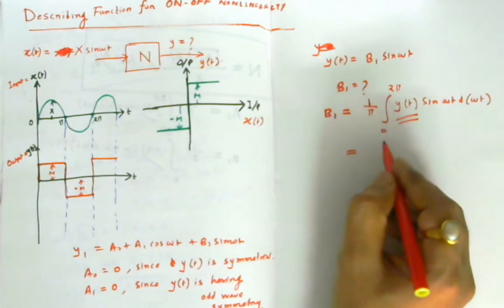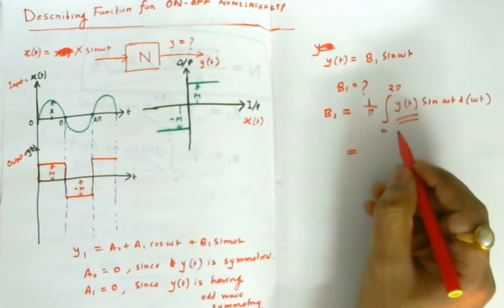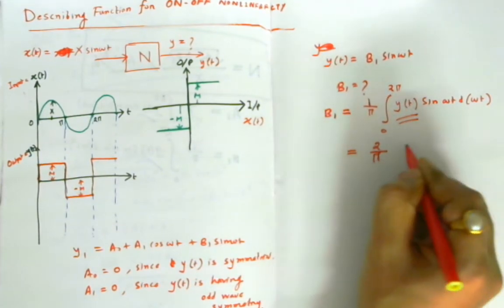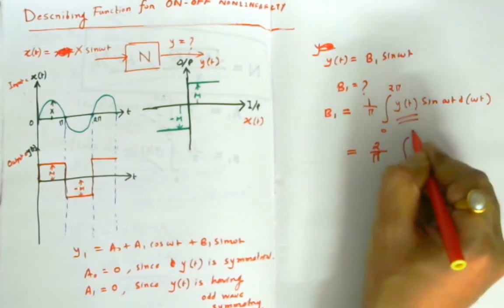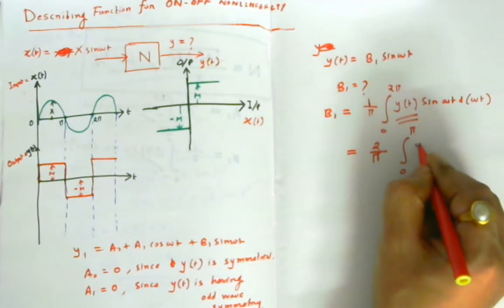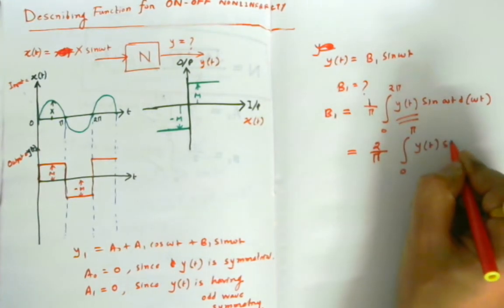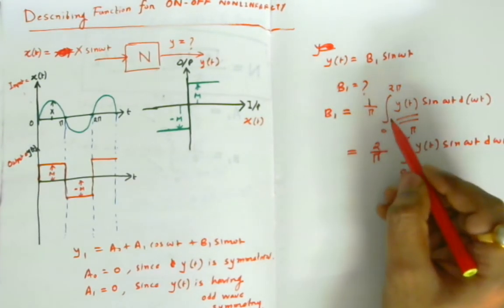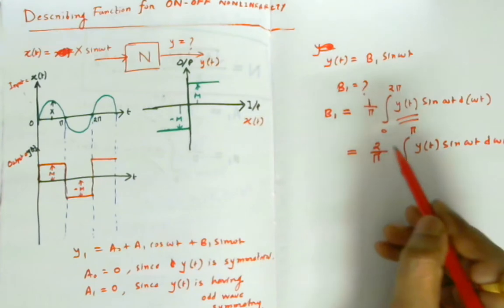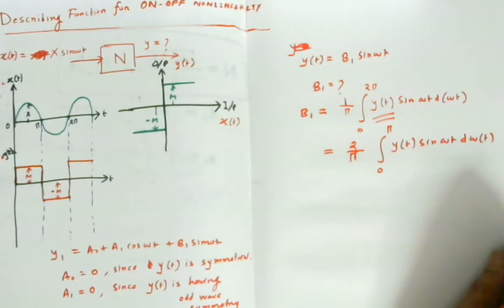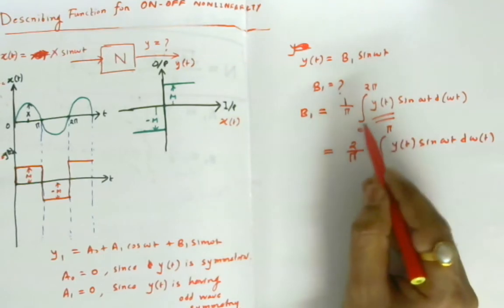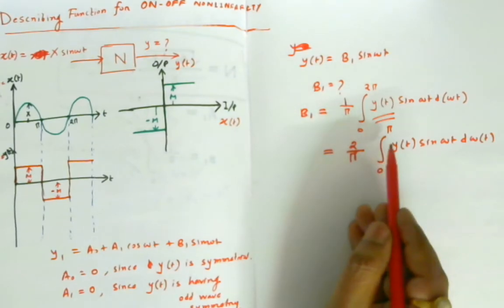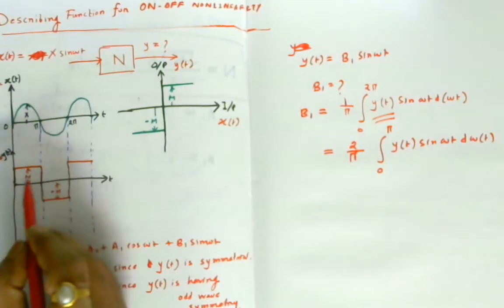Rather than this integration, I make it simpler by writing 2 by pi integration 0 to pi yt sine omega t d omega t. You can keep it 0 to 2 pi, but I want to reduce the computation of the integration, so I am reducing the limit to 0 to pi using mathematics.